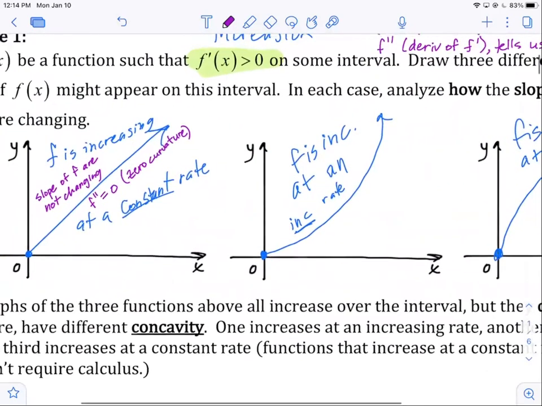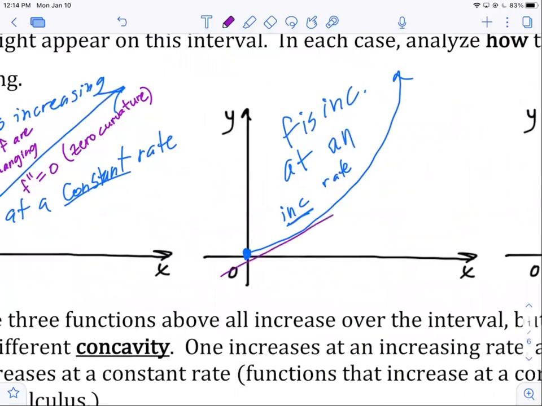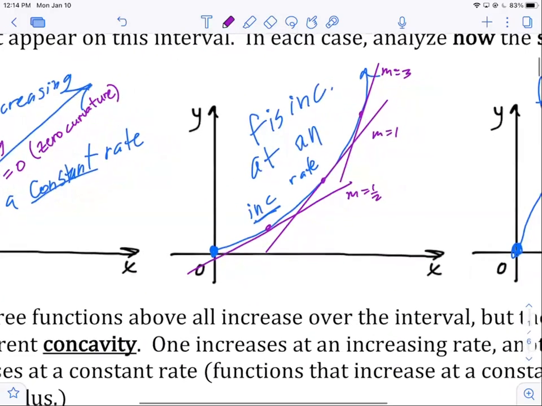Now over here, let's look at this one. If you draw a tangent line here, that might be like, let's just call that 1/2, hypothetically. And then right here, we have another tangent line. It's a little bit steeper. It's like 1. And then here we have a tangent line. It's steeper yet. It might be like 3. What's happening to the slopes?